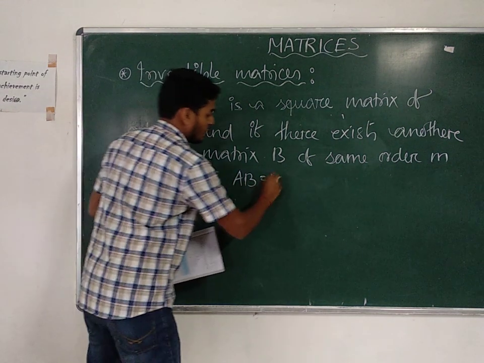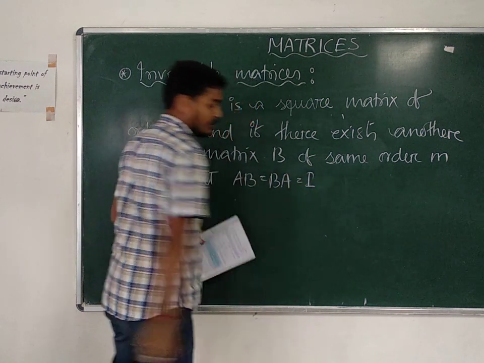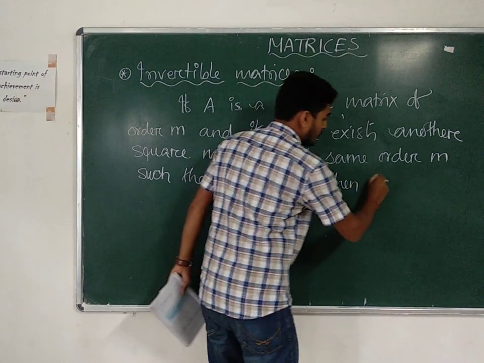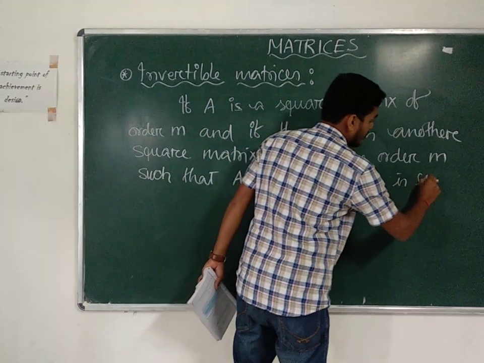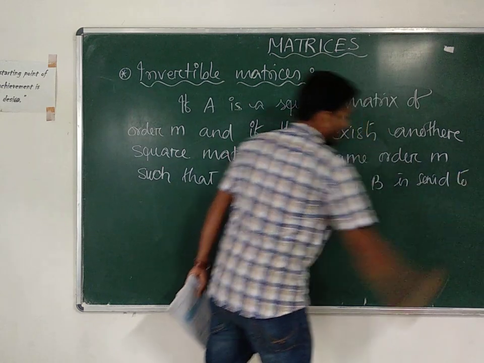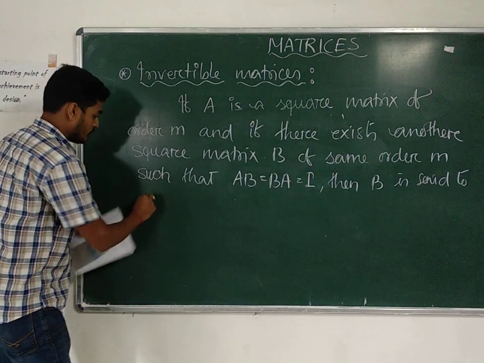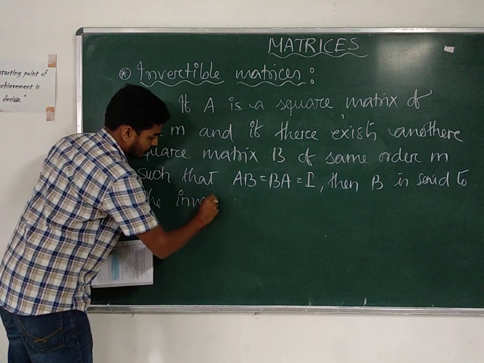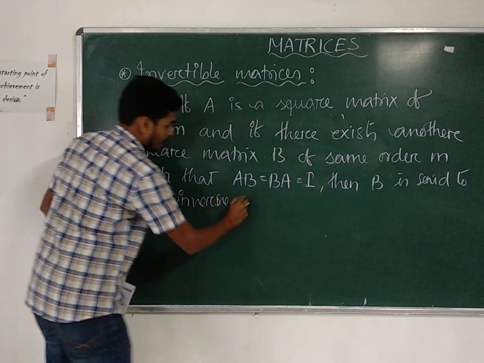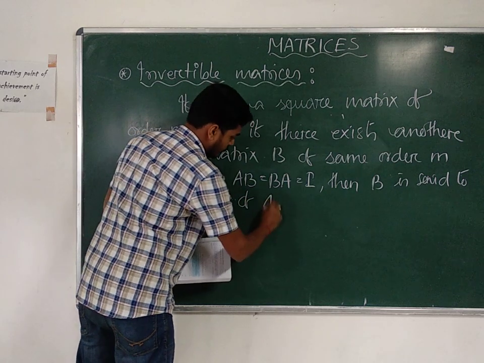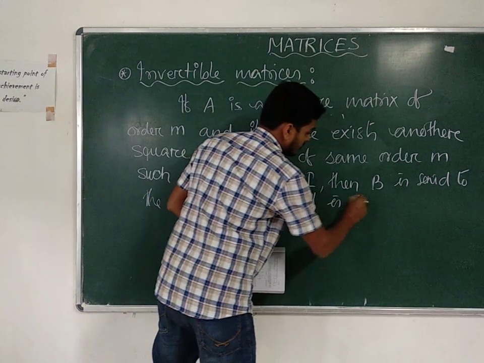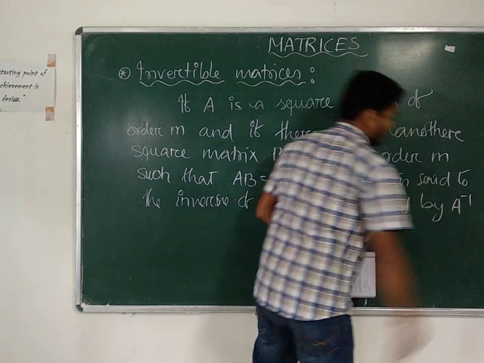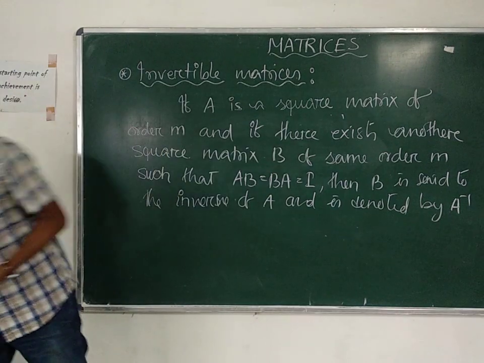AB should be equal to BA, which should be equal to I. That means their multiplication should be an identity matrix. Then the matrix B is said to be the inverse matrix of A and is denoted by A inverse. Just go through the definition once again.